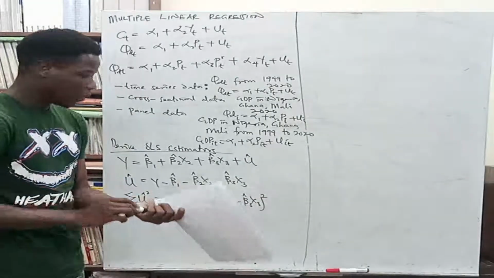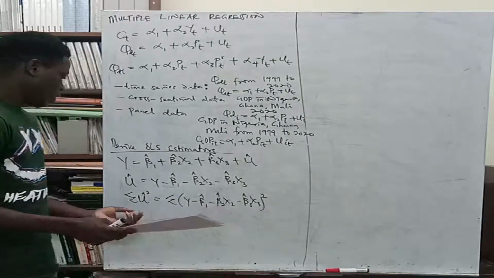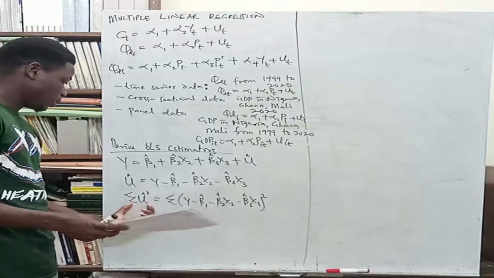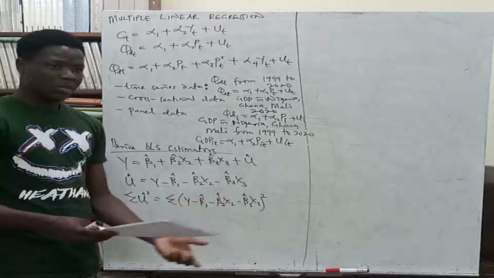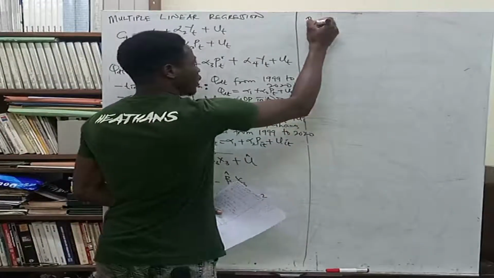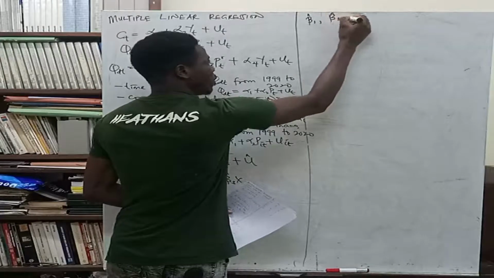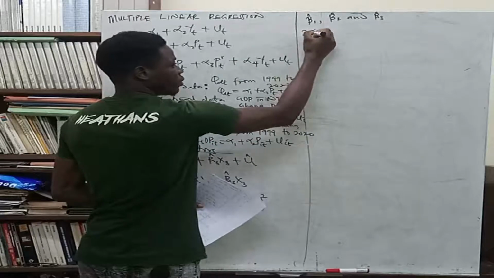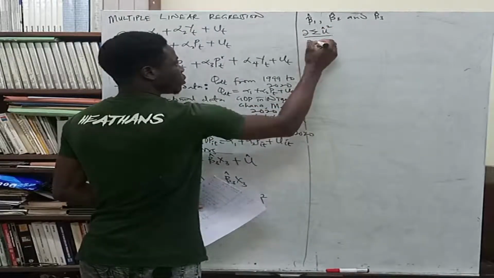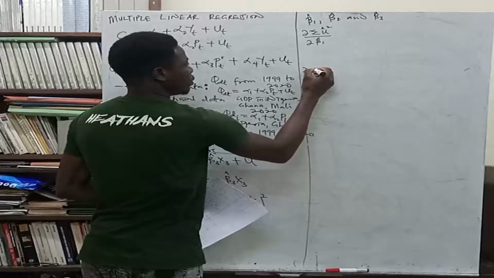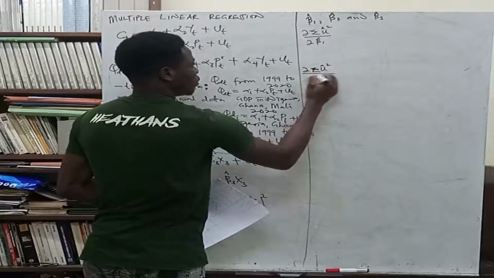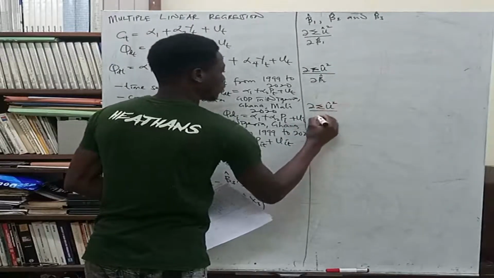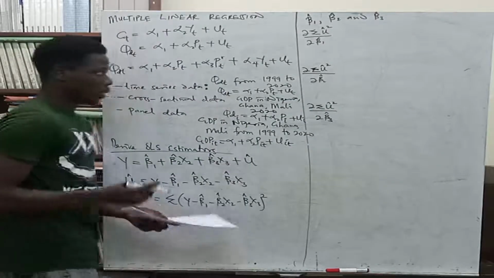Now the next step is to take the partial derivative of the sum of squares, the sum of the squared residuals, with respect to each of the parameters: beta 1 hat, beta 2 hat, and beta 3 hat. So we're going to be having the partial derivative of this over beta 2 hat, and this is what we're going to be having here.